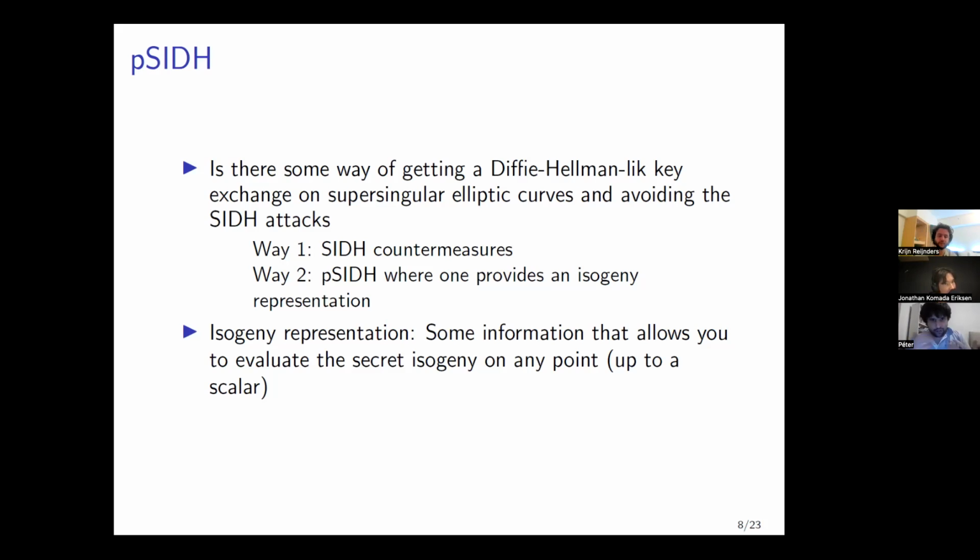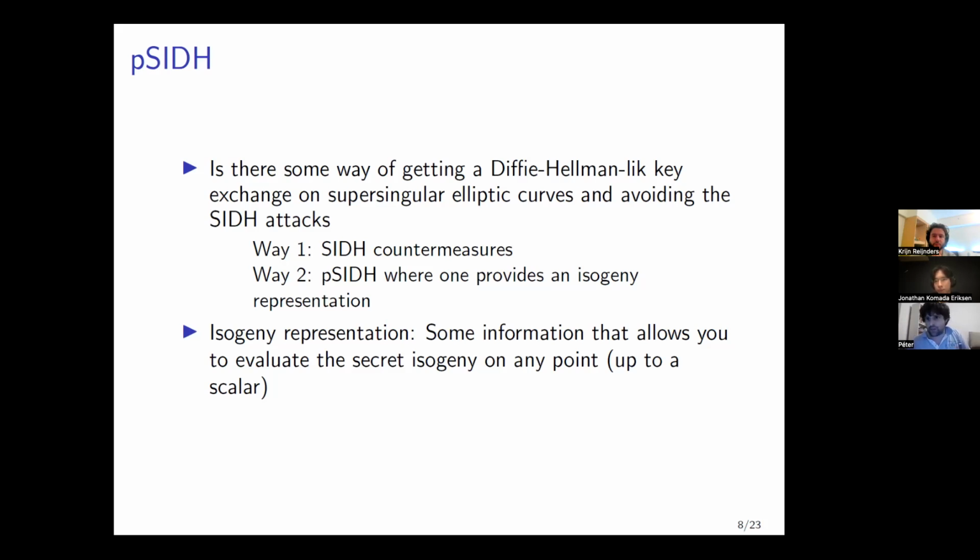And one other suggestion was pSIDH, which said try to use isogenies with big prime degrees, because the SIDH attacks implicitly assume that you're working with smooth degree isogenies. And this prompted a definition which I think is very interesting, and actually found applications elsewhere, for example in SkiSign HD: the notion of an isogeny representation. So when do I say I know an isogeny?